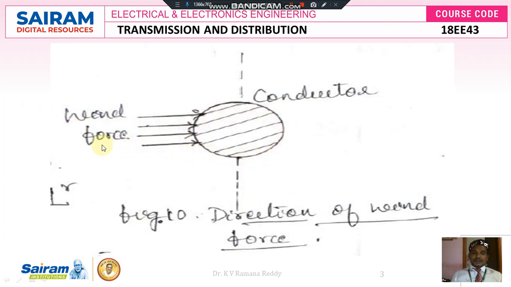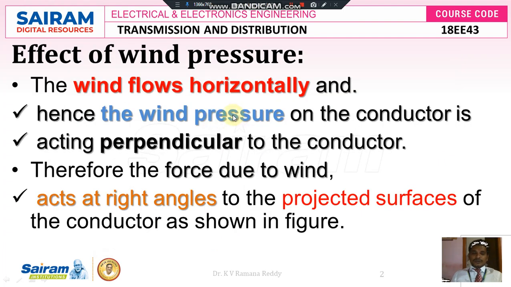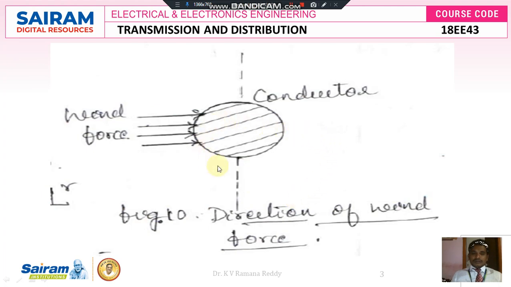Now the wind direction comes like this and it touches the conductor. If you look at the relation between the wind direction and the conductor, both are perpendicular to each other, and there exists a 90 degrees angle between the direction of wind and the placing of the conductor between the two successive poles. Therefore wind direction is always perpendicular, at right angle to the projected surface of the conductor, which we understand from this figure.